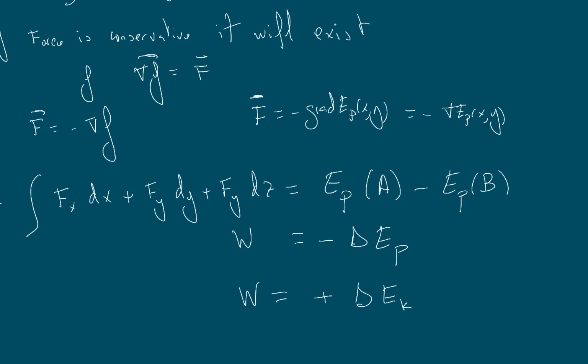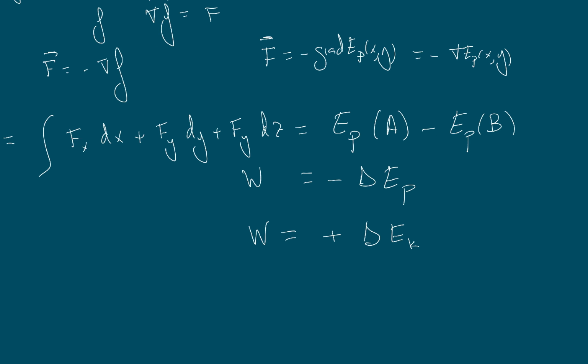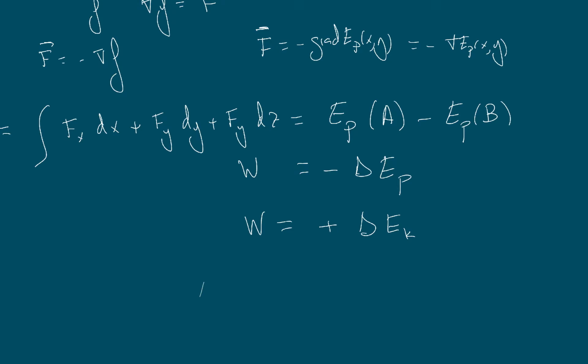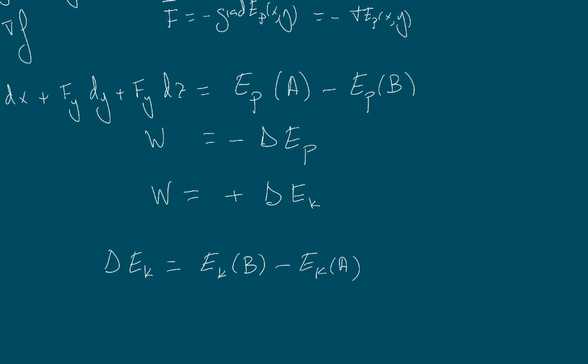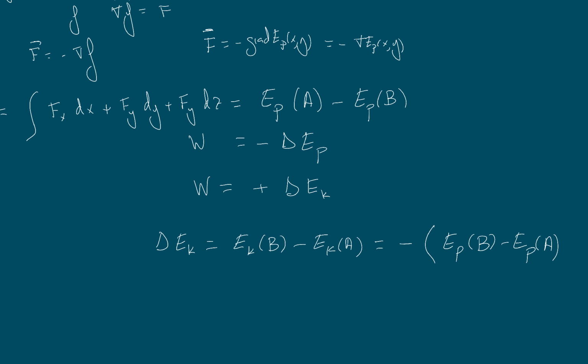So if we have conservative forces, the change in the kinetic energy, E sub k at B minus E sub k at the point A, is equal to minus the change in potential energy, E sub p of B minus E sub p of A. So E sub k of B plus E sub p of B will be equal to E sub k of A plus E sub p of A.